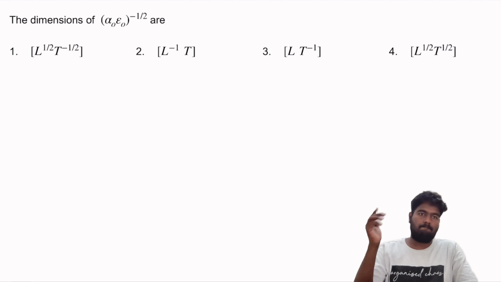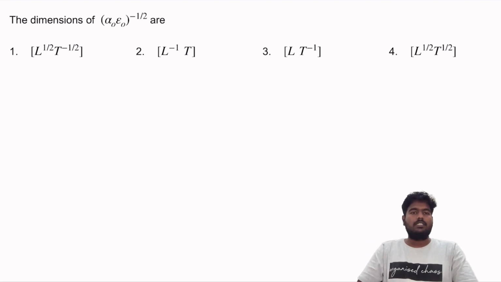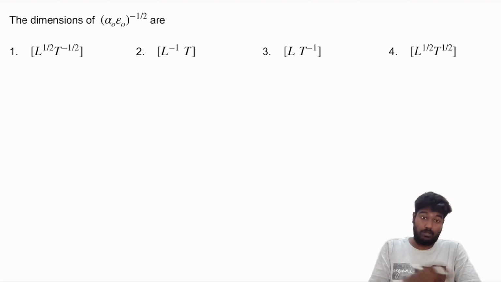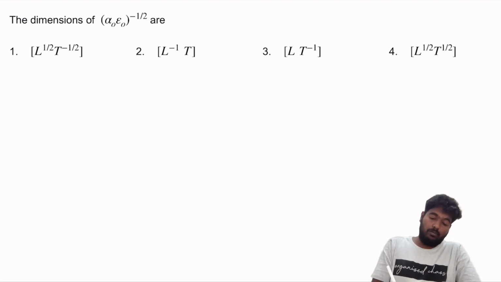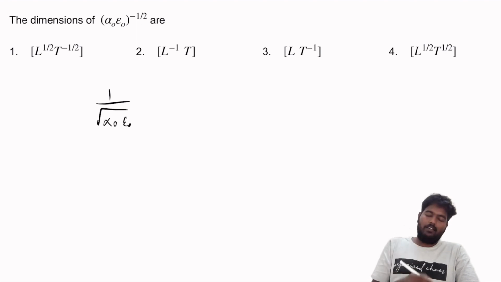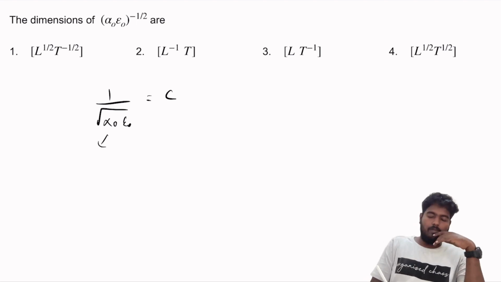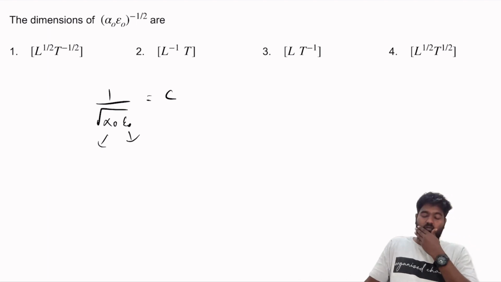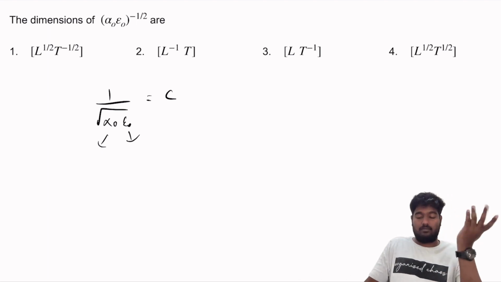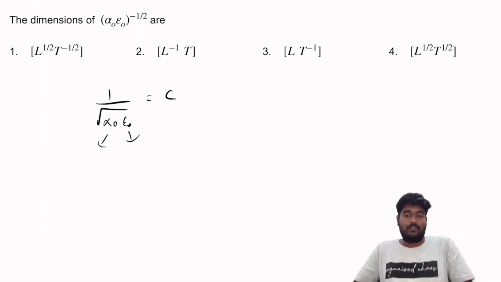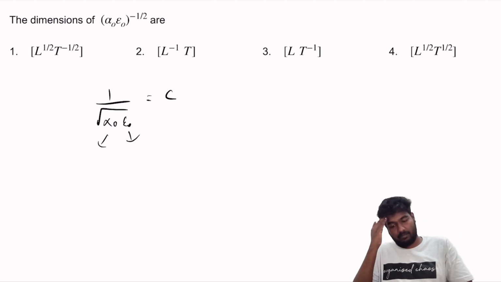The dimension of mu naught epsilon naught power minus 1 by 2. Power minus 1 by 2 means that we want the dimension of square root of mu naught epsilon naught. From the equation, we know that this is just the velocity of light. Mu naught is the permeability of free space and epsilon naught is the permittivity.